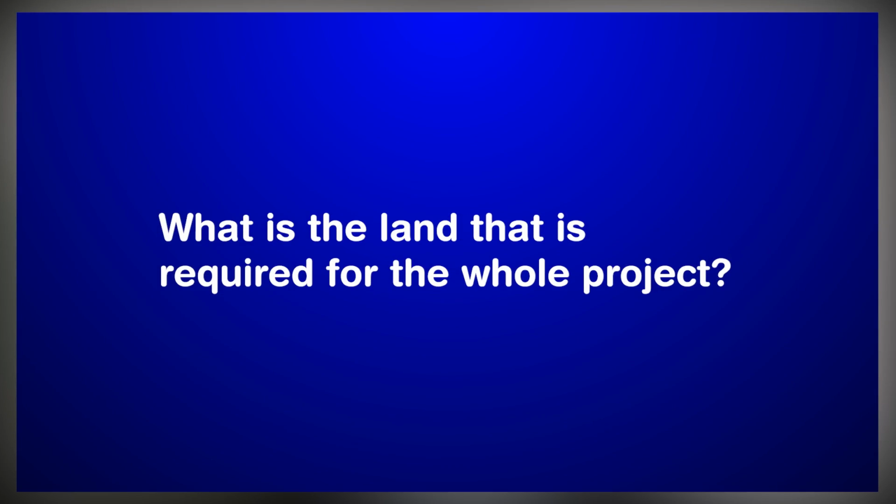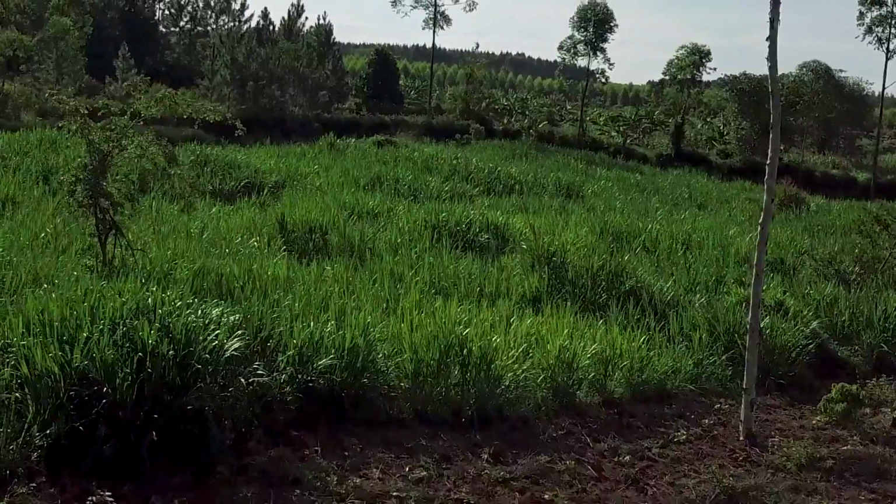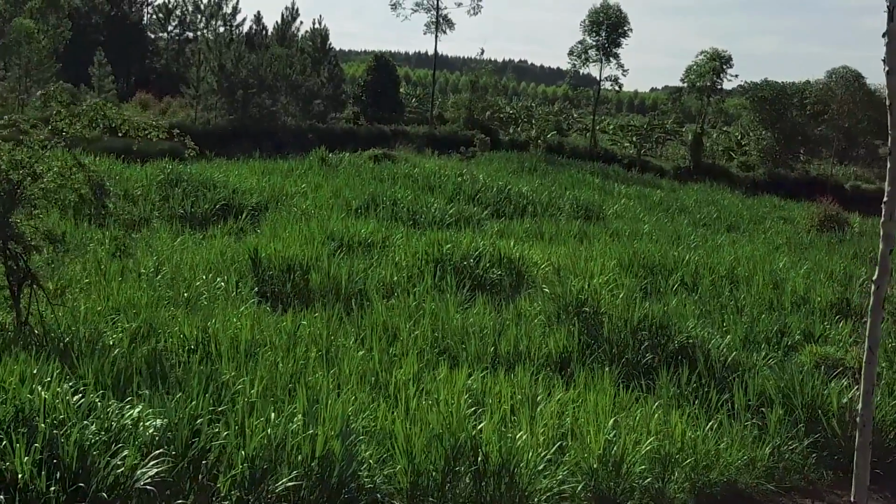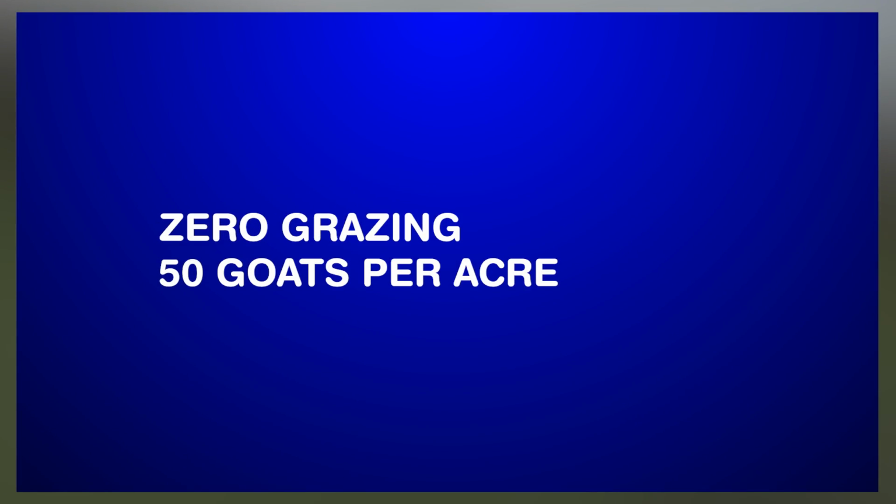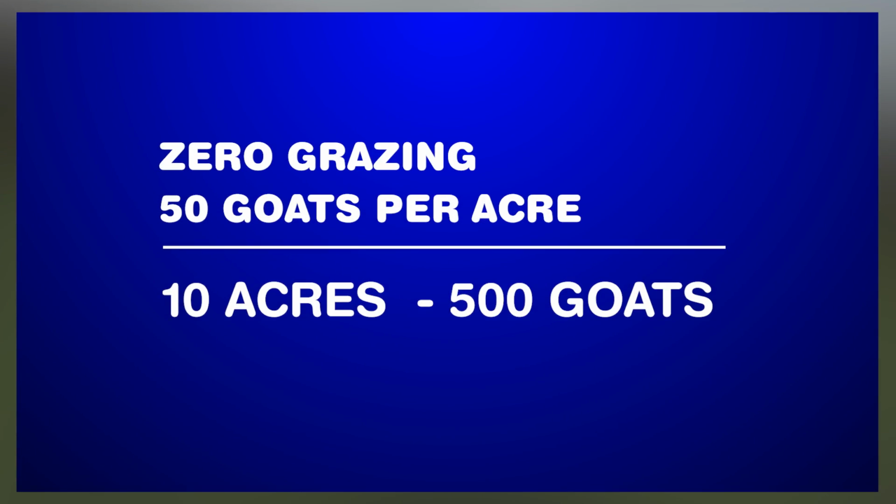Now, what is the land that is required for the whole project? If you're going to do zero grazing, we are looking at the space required to plant pastures. On zero grazing, we give 50 goats per acre. That means you need 10 acres to do 500 goats on a zero grazing system.